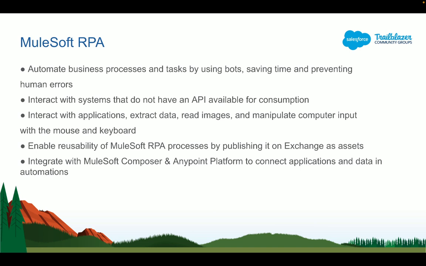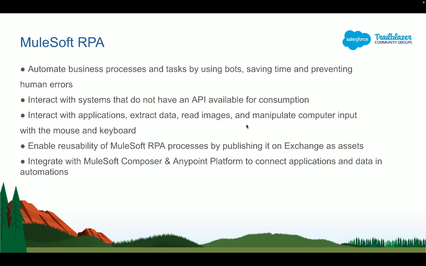When we interact with the MuleSoft Anypoint Platform or MuleSoft Composer, we don't have an ability to read images, right? But MuleSoft RPA has the ability to extract data from images and files and process it to the downstream systems. It enables reusability of MuleSoft RPA processes by publishing them on Exchange as assets.